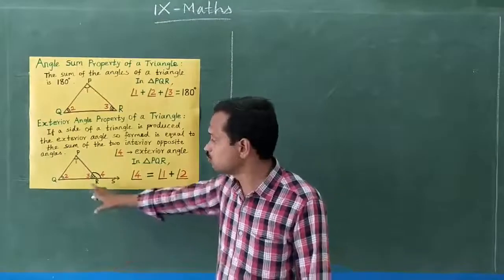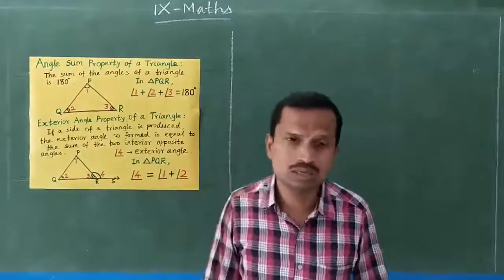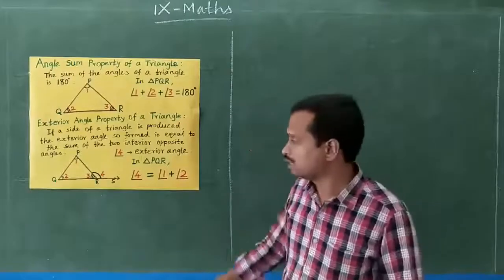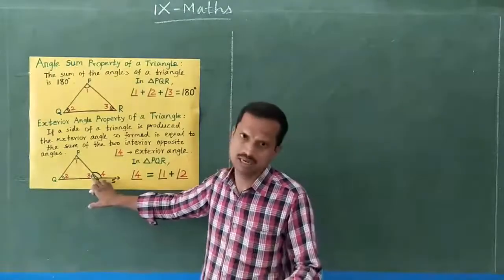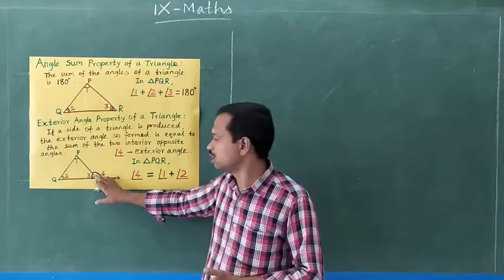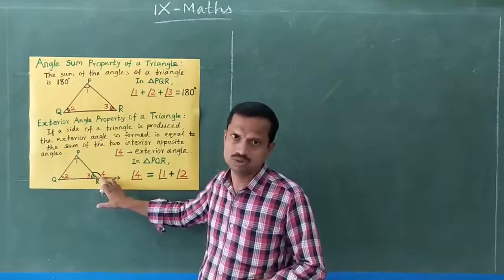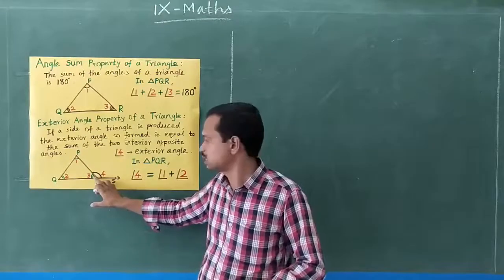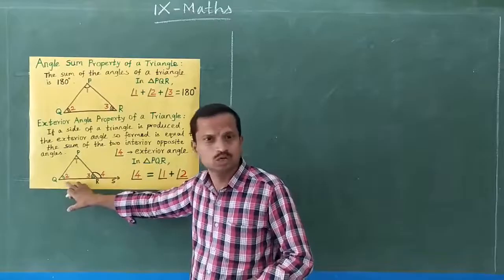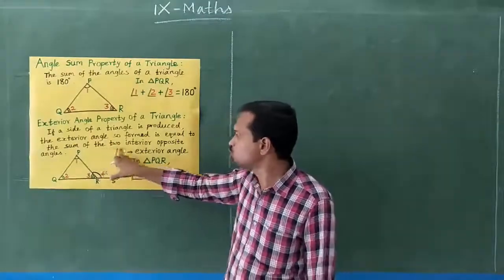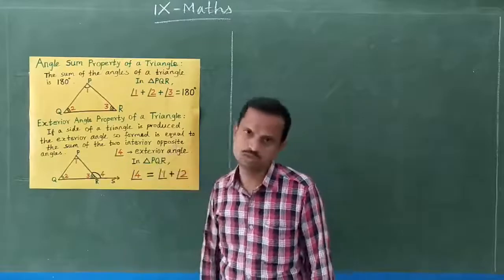Clear? What about 3? Angle 3 is adjacent to angle 4. Angle 3 is inside the triangle and angle 4 is outside the triangle, so they are adjacent angles. So for angle 4, angle 3 is the adjacent and angle 1 and angle 2 are the opposite angles. So here two interior opposite angles is used.